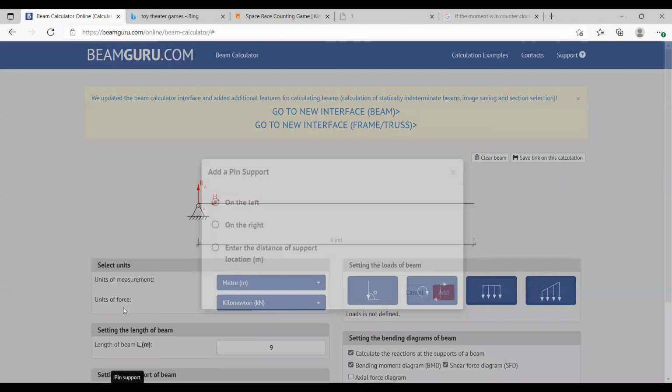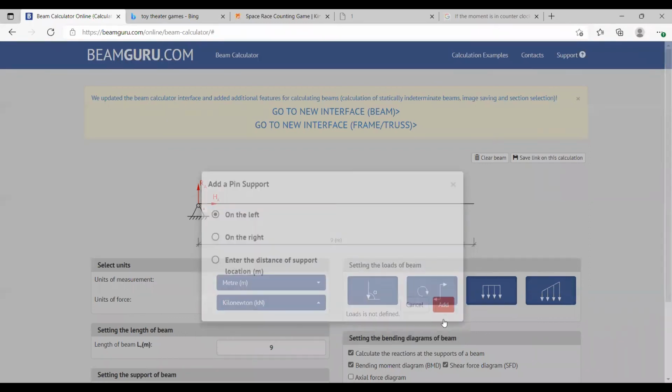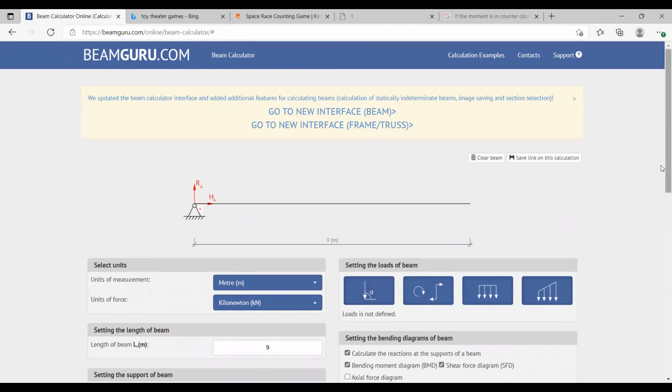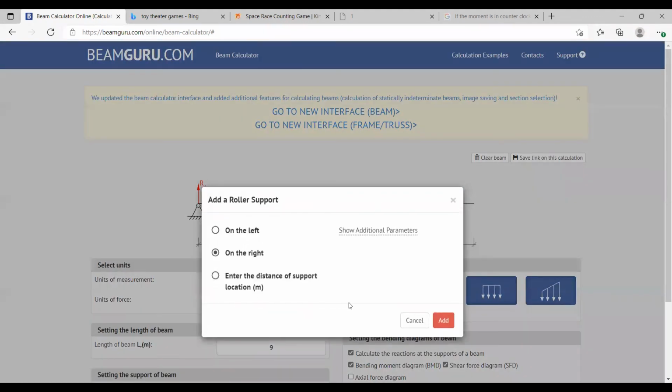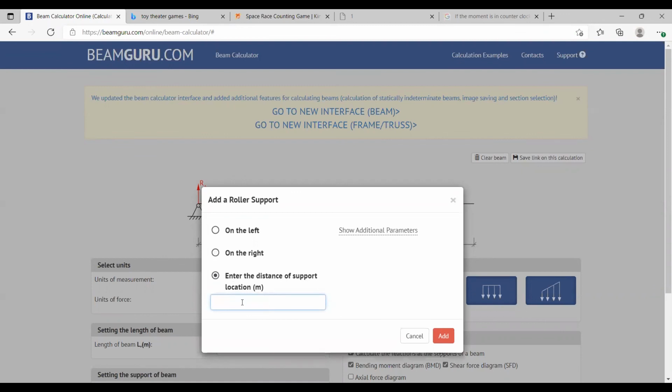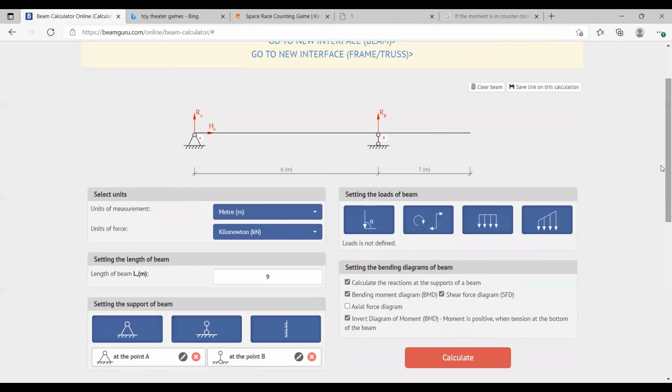I have a support on the left, and then I have another one, a roller. We have a roller 6 feet from the left, so we add that. Here is our roller. Now let's move on and add the loads.